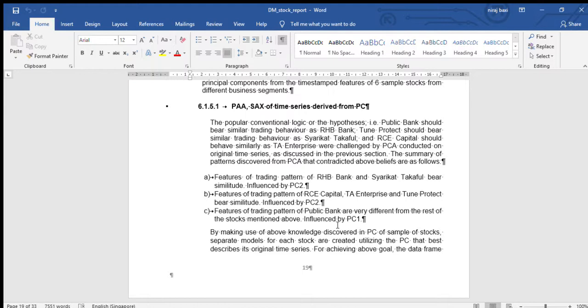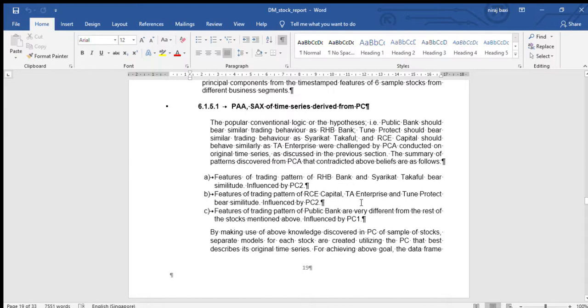against our hypothesis, or the discoveries that we made during the principal component analysis, whether the time series derived from the principal component for RHB Bank and Sarika Takaful bear any similitude. Does that still hold good at that stage, or is it only true while doing the principal component analysis?